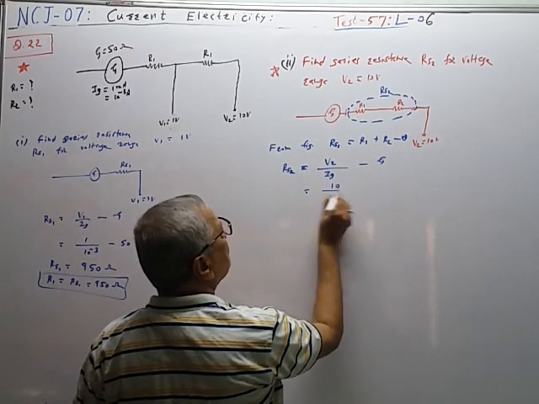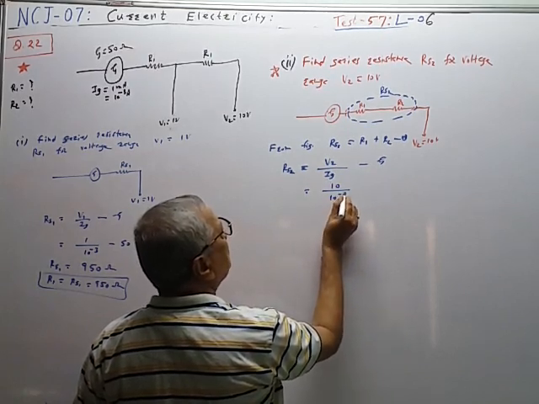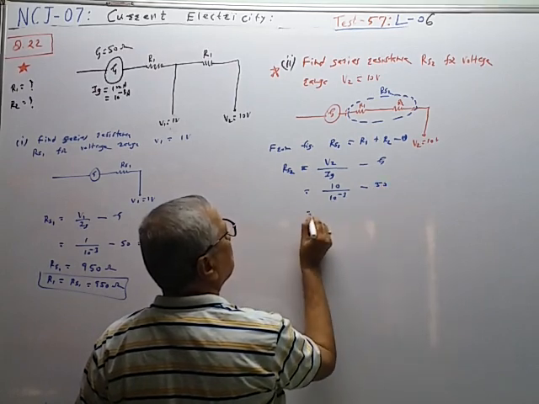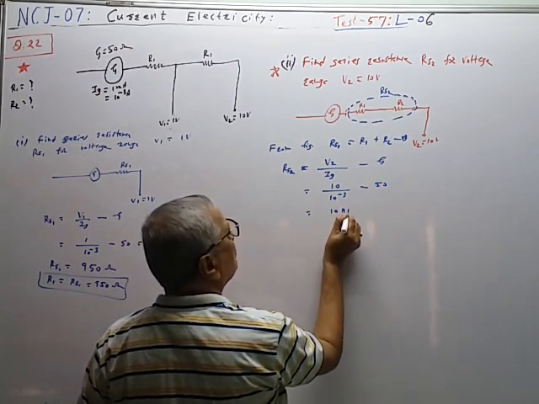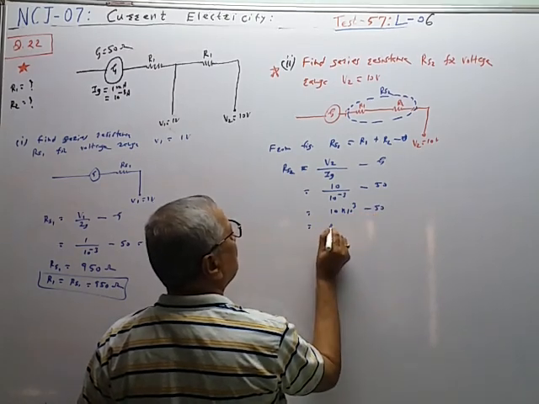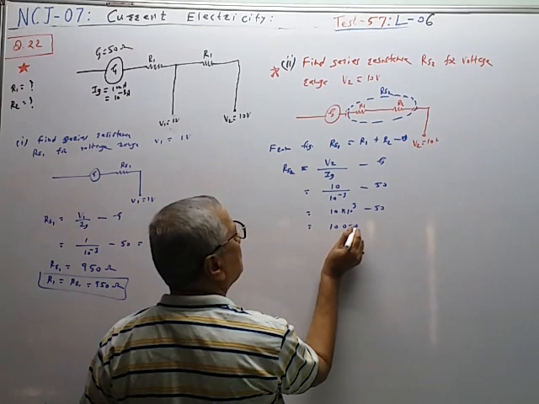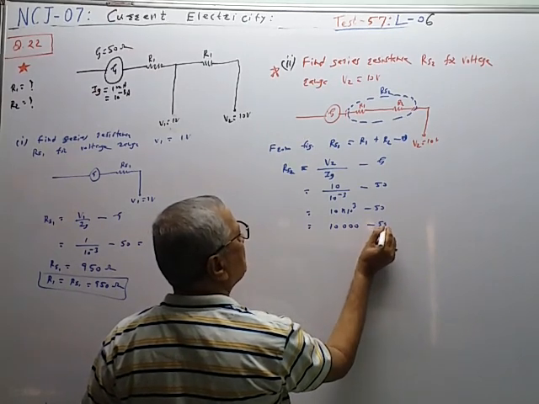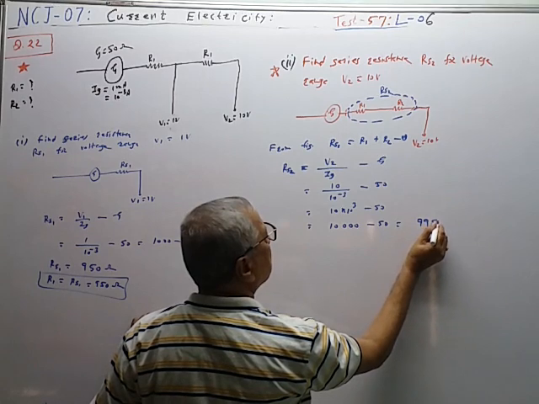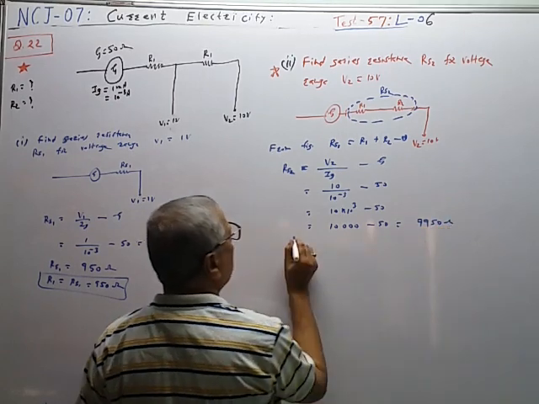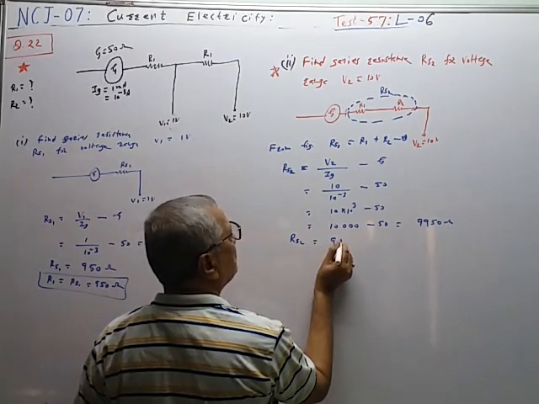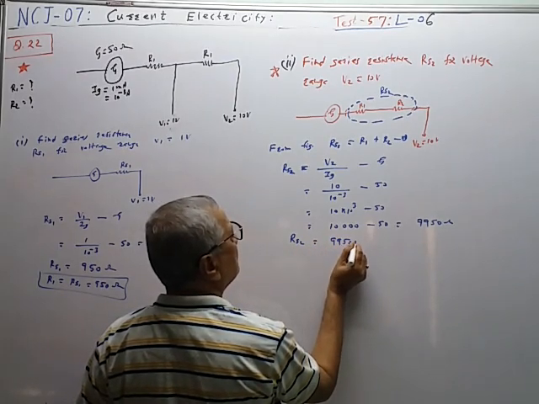So V2 is equal to 10 upon 10 raised to minus 3 minus 50. So 10 into 10 raised to 3 minus 50. So 10,000 minus 50. So that is equal to 9,950 ohm. RS2 is equal to 9,950 ohm.